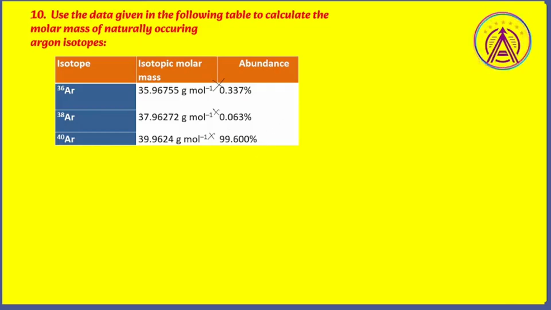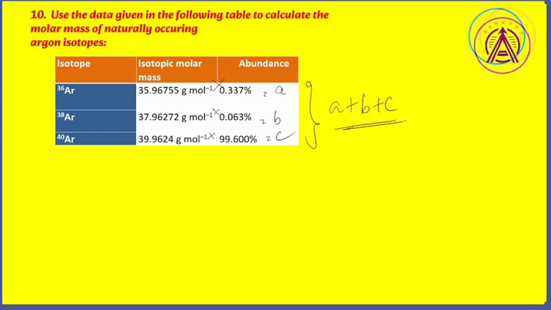You just multiply each by its abundance and then add. If I make this A, this B, and this C, I just write A plus B plus C. This is my final molar mass of the naturally occurring argon.